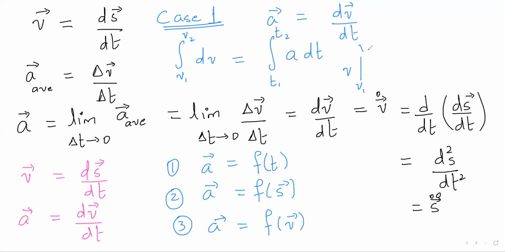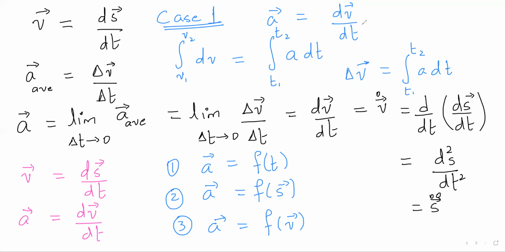I'm just going very step by step, which is equal to integral t1 to t2 a dt, right? Let me now remove this and I will put v2 minus v1. Let me remove it. I will put a delta v. So everyone is with us right now. Okay.